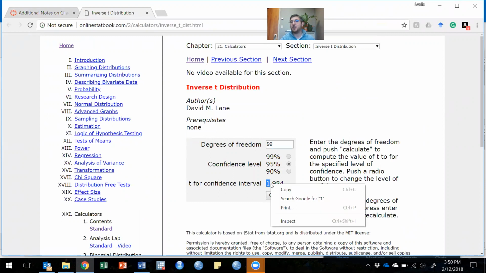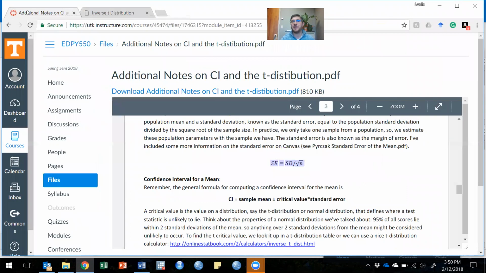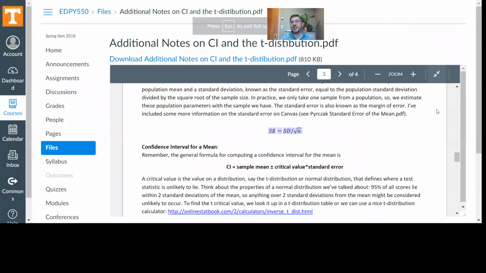So this would be the critical value. 95% of cases are within 1.984 standard deviations of the mean of a t distribution with 99 degrees of freedom. So that's what it's giving us there.